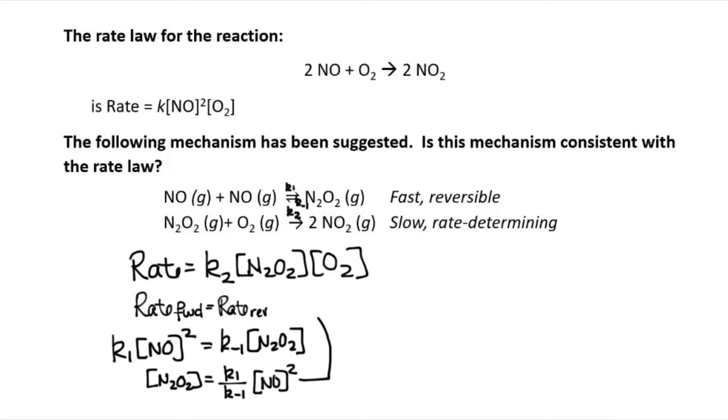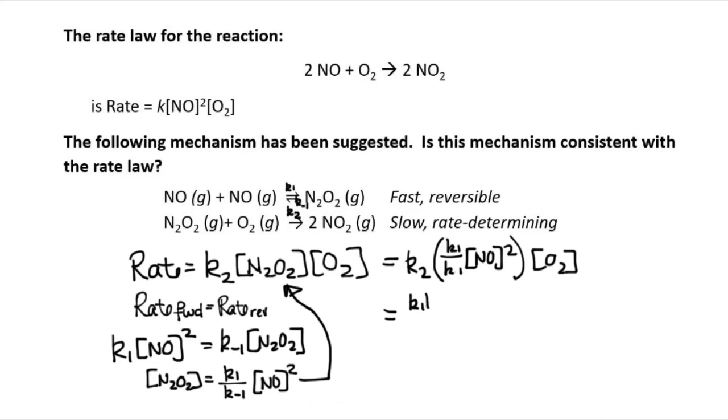We can put this piece back into our rate law to substitute for the N2O2. So that'll be K2, and then we put this whole thing in, K1 divided by K-1 times NO squared, times O2. If we simplify this a little bit, this is K1 K2 divided by K-1 times NO squared times O2.